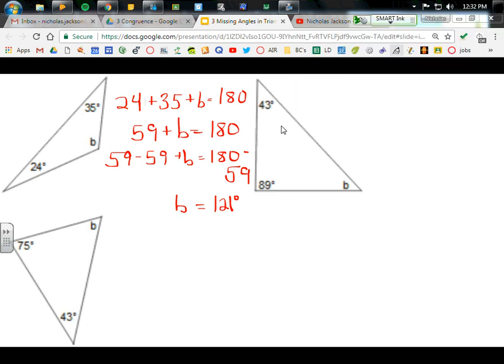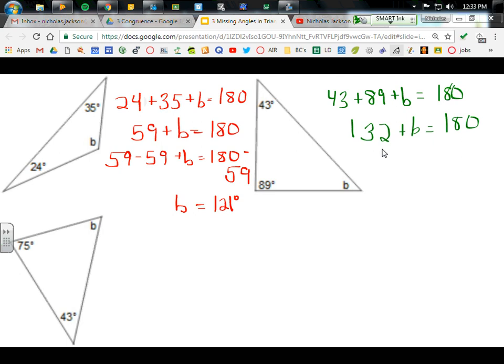Let's do this triangle right here. So we have angles identified as 43 degrees and 89 and B. Combine your like terms, and we get 132 plus B equals 180.